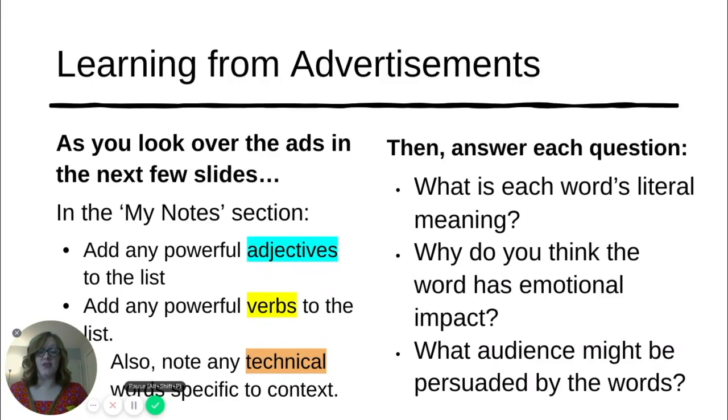Then answer each question. What is each word's literal meaning? This is the actual definition of the words that you find. How do you think the word has emotional impact? Remember, does it stir the emotion of fear? How about disgust? Anger?